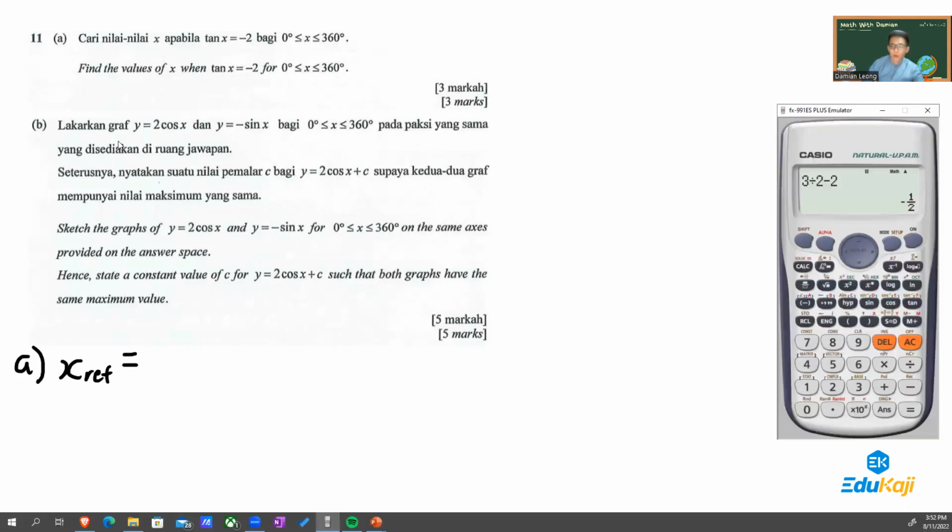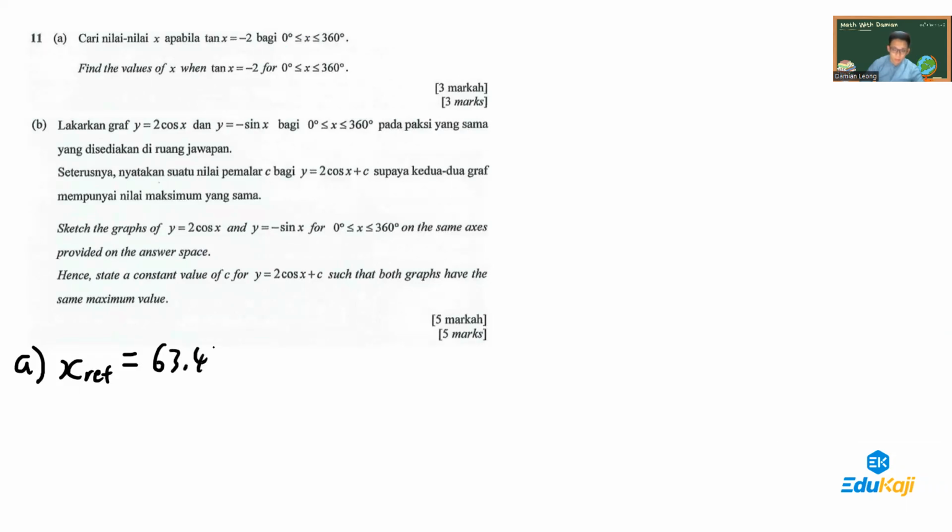So the negative, I always try to ignore. Okay, shift tangent 2 first. I ignore the negative first. 63.43 degrees.